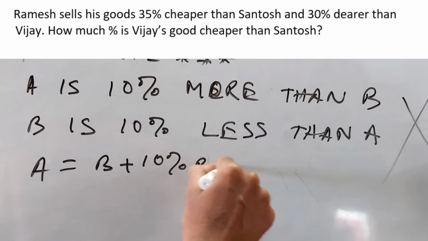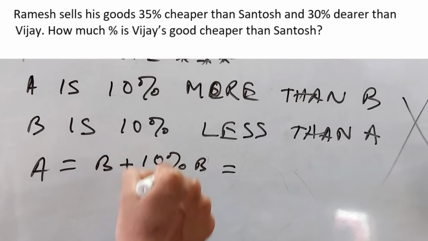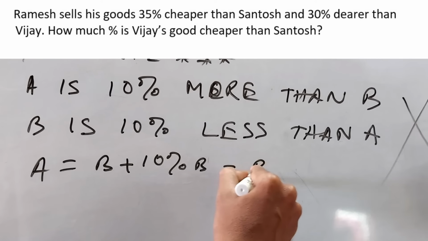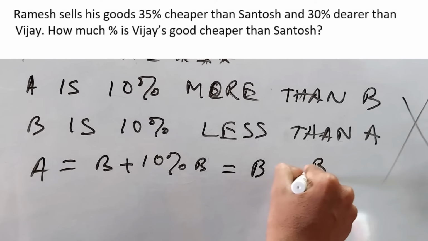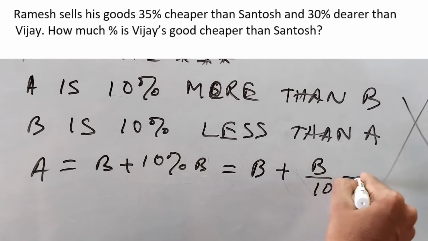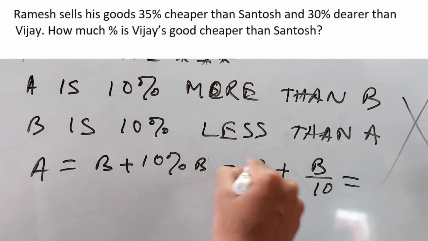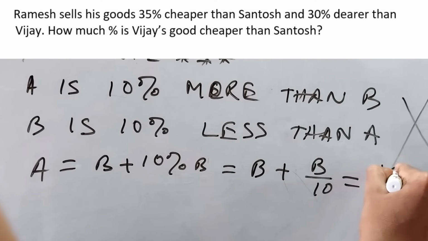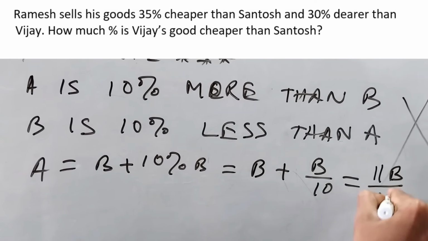Therefore, definitely this one is equal to 10 by 100 is 1 by 10, right? So B plus B by 10, right? This one is equal to 10B plus B is 11, so 11B by 10. This is the actual relation, right?